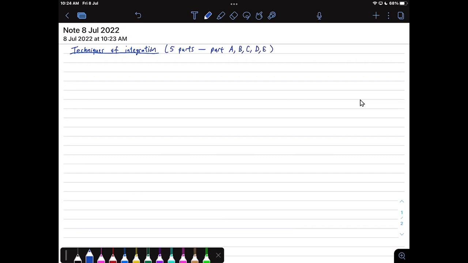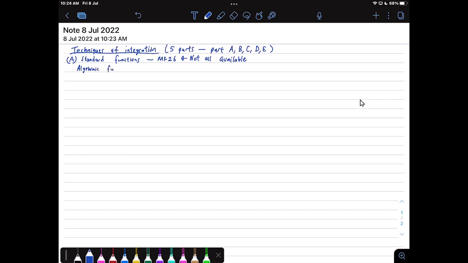Okay, part A, standard functions. So what are the standard functions? You just refer to your MF26. Sometimes not all are available, because some of them you already learned in O-level A Math. For example, the first one, algebraic functions, they will not provide.